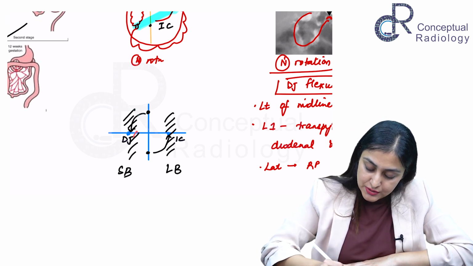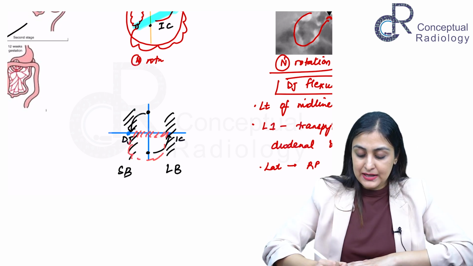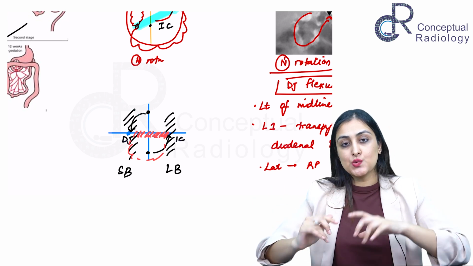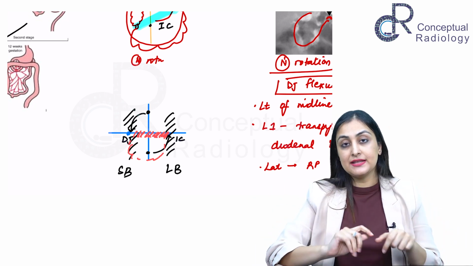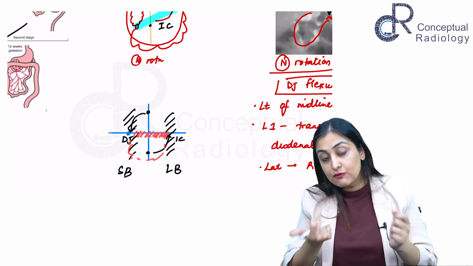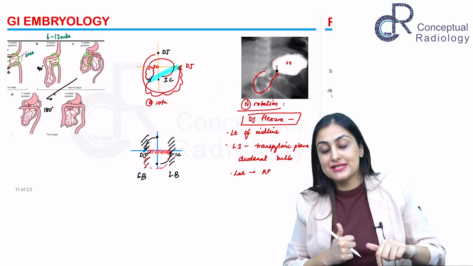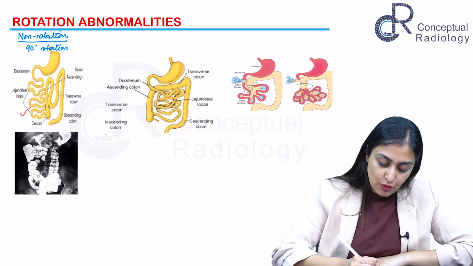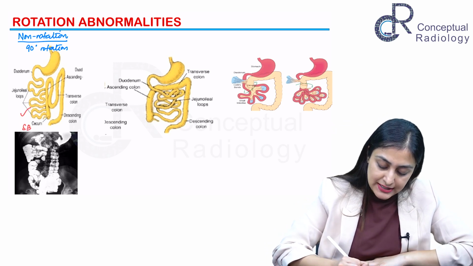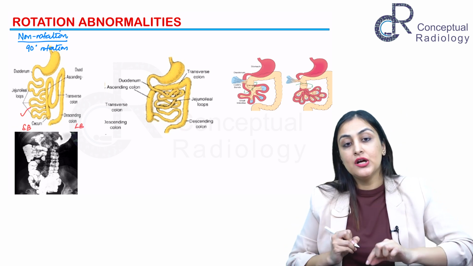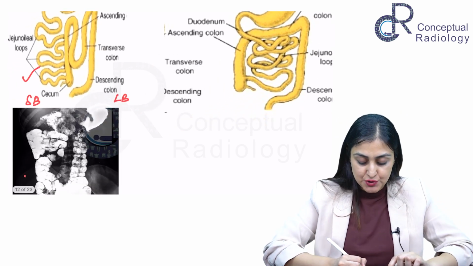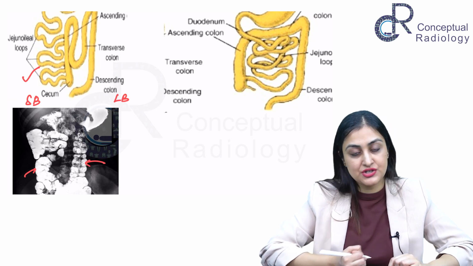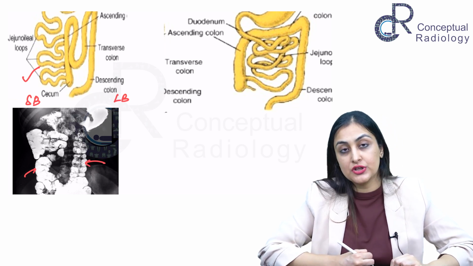So if this is the root of mesentery, my entire mesentery is hanging down in the same plane. So this is why there is very high risk that there's going to be twisting and there's going to be volvulus. Okay, I hope the concept here is clear. So what happens in non-rotation? You have all small bowel on the right side, you have all large bowel on the left side. So this is what you can also observe in this barium study. Small bowel loops on the right, these haustrations and the colonic loops on the left side.